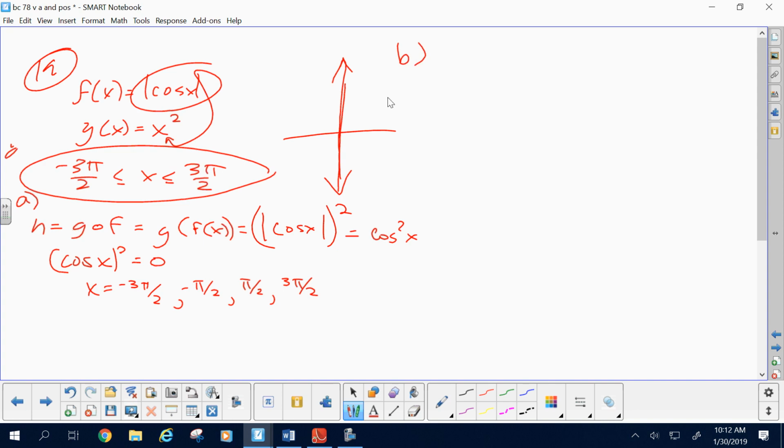B, if I go to graph this then, the graph will have zeros. I'm going to make my scale pi over 2. We know it has zeros at negative 3 pi over 2, negative pi over 2, pi over 2, and 3 pi over 2. We also know that because of the square, it'll never be negative. And because it's cosine, it's still going to max out at 1. So the question then is, because of the absolute value, does it do this kind of thing, this boop-de-boop?